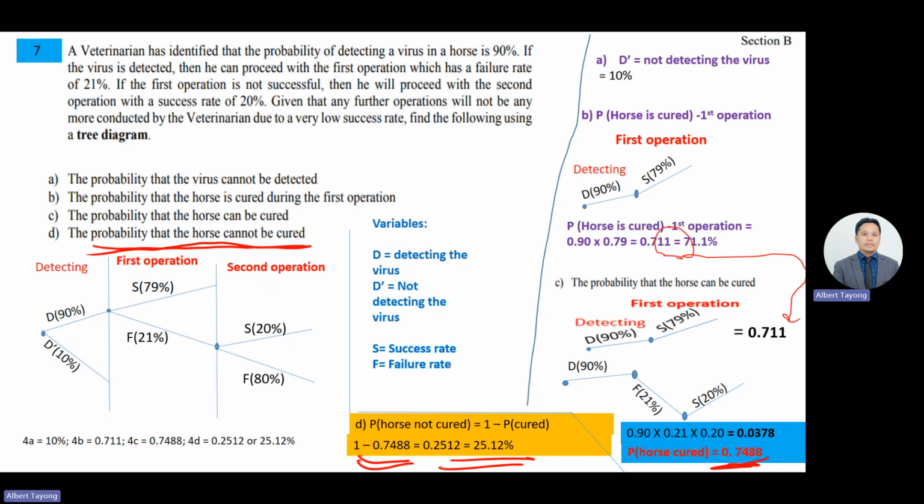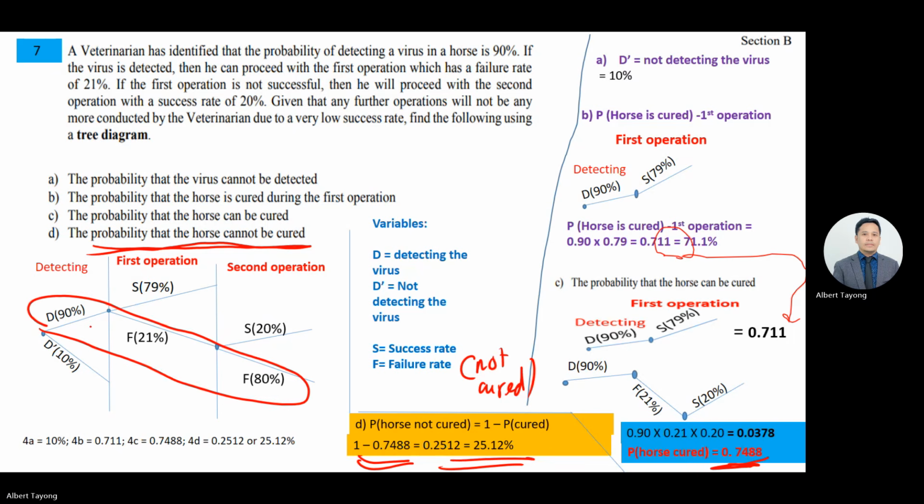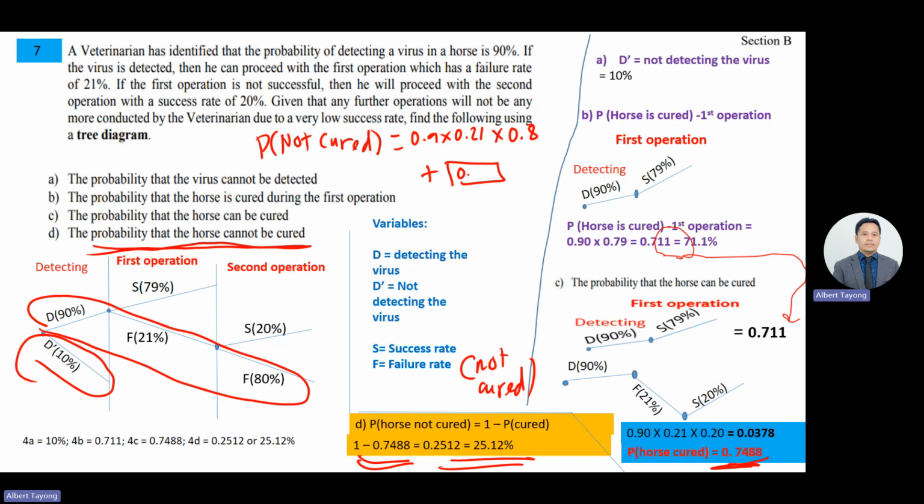You can also get this using the diagram. Horse not cured is failure. So there are two possibilities there. This, the DFF, and not detecting the virus. So P not cured, the horse is not cured, is 0.9 times 0.21 times 0.8 plus 0.10 or 0.1.